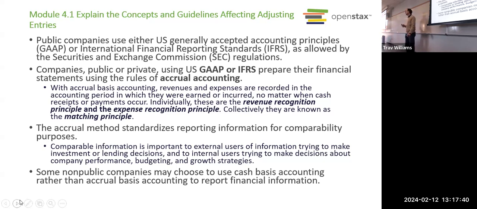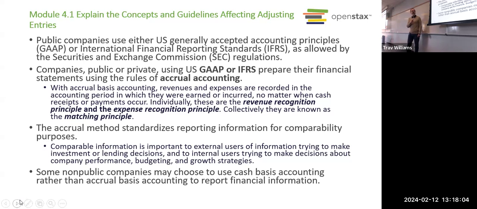Exactly. Until that time, what is it considered? It's an asset called inventory, right? So we made the product, it's something we own. Once we sell it, then we can count it as an expense. So those are the revenue recognition principle, and then the expense recognition principle, also known as the matching principle.